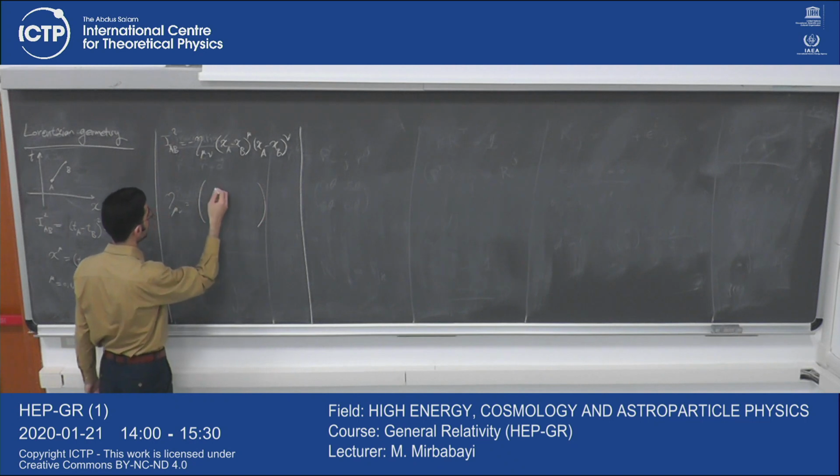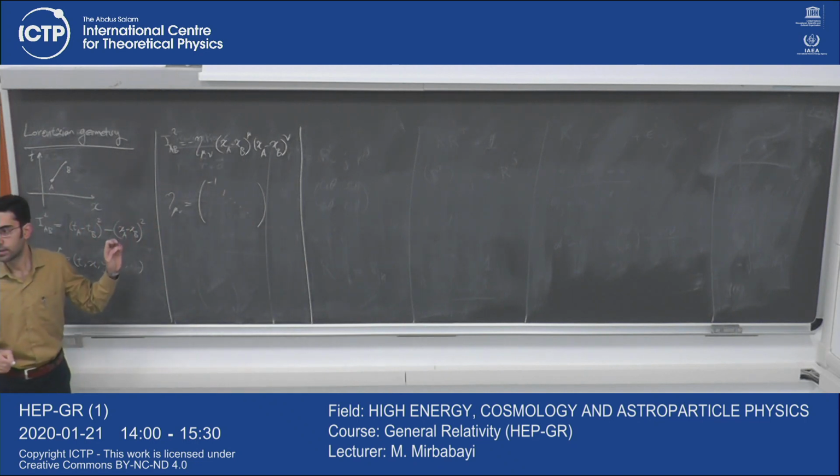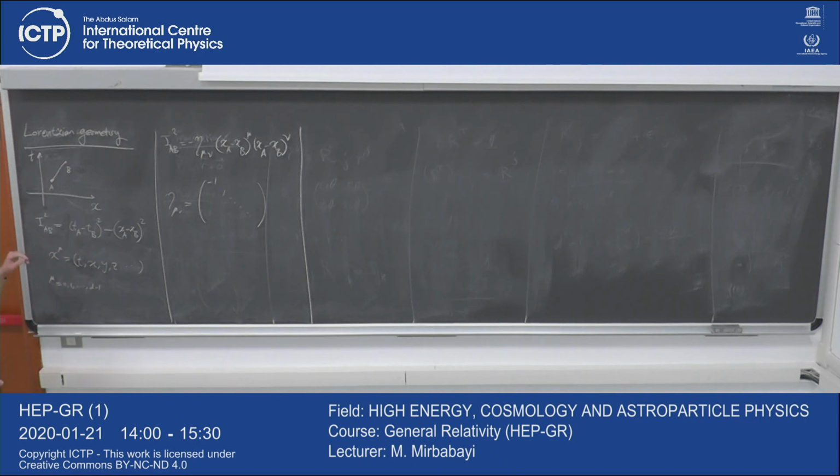It is the following matrix: minus 1 and then 1 along the diagonal and 0 everywhere else.